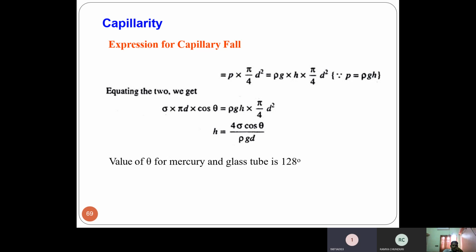The value of theta for mercury and glass tube is 128 degrees. If we substitute 128 degrees in theta place, we will get a negative value for this h, because this is the depression or decrease or fall value, which is measured from the surface to the downward direction point.